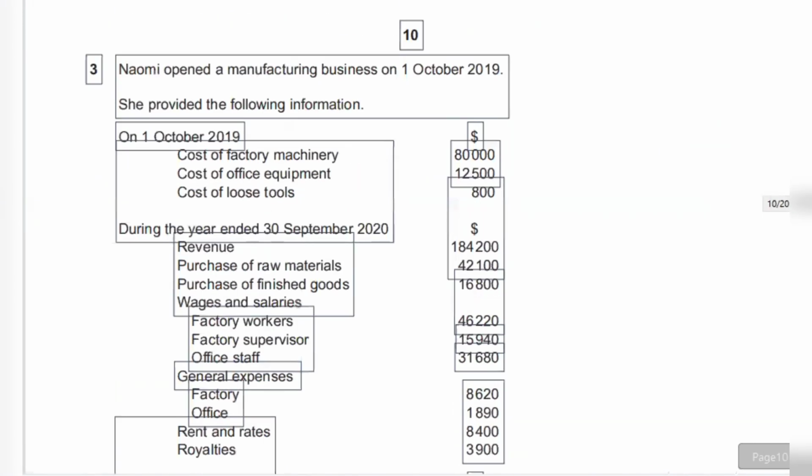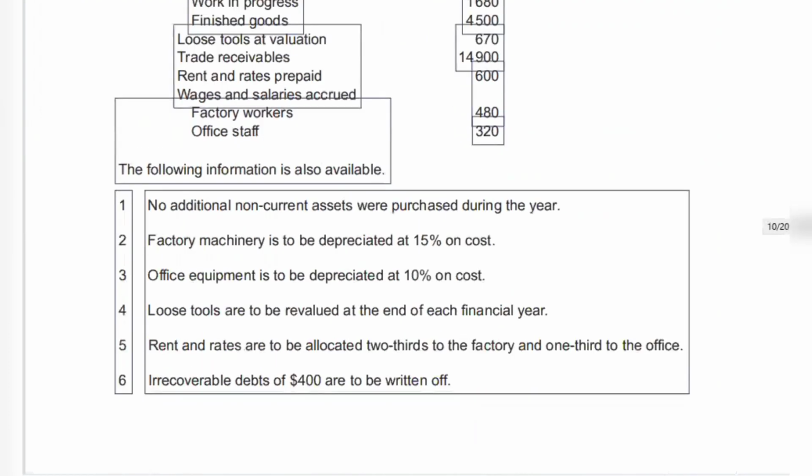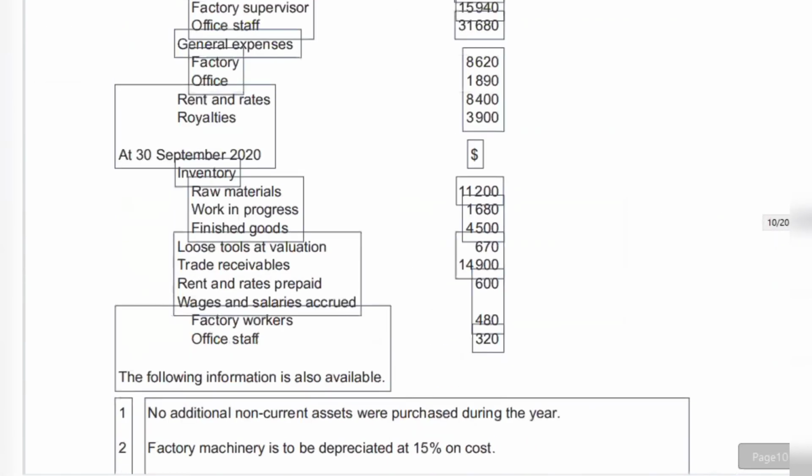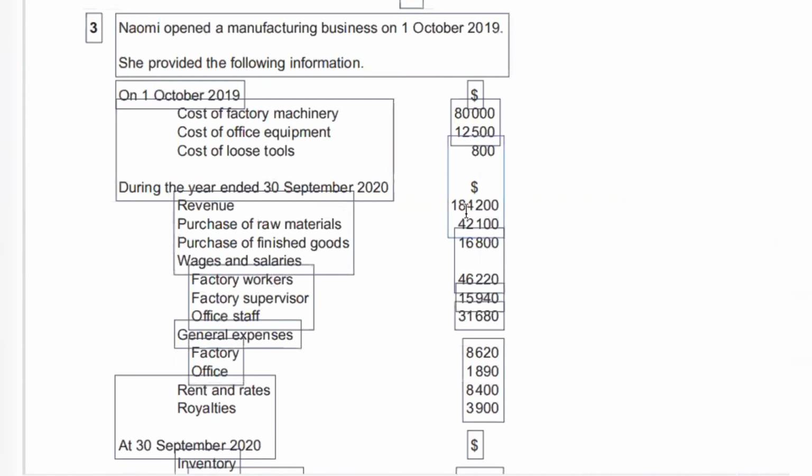Then we have question 3. Nomi opened a manufacturing business on 1st October 2019. We are required to prepare the manufacturing account for the year ended 30 September 2020. We have purchases of raw materials.